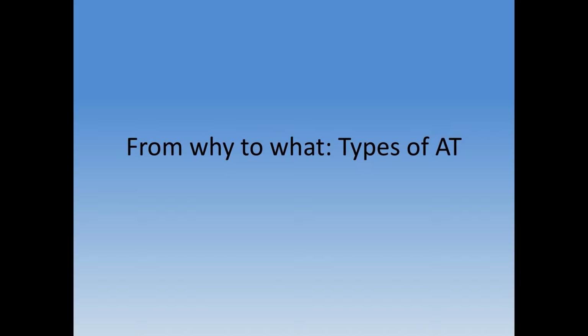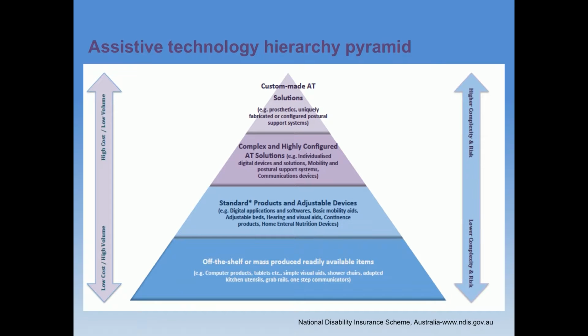So let's go from why and venture into what type of devices might be out there. So before I begin, I want to talk about a hierarchy here, because the technologies I'm going to list might fall anywhere in this hierarchy. So we're looking at a pyramid where at the base of this pyramid, you have a lot of off-the-shelf, low-cost, easily available devices.